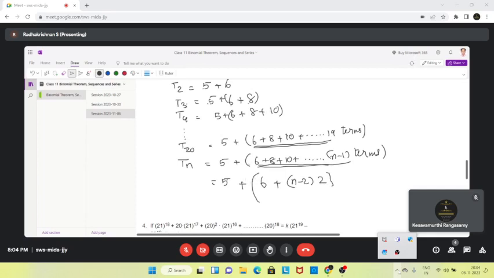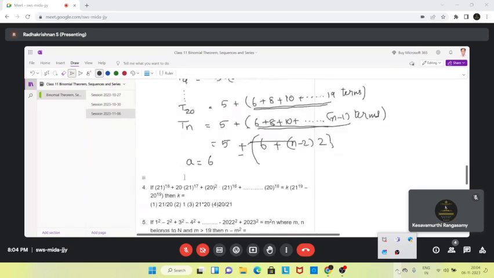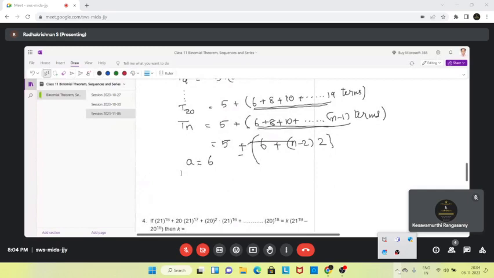So this sum we have to calculate, right? Let us calculate this using A equal to 6, D equal to 2.